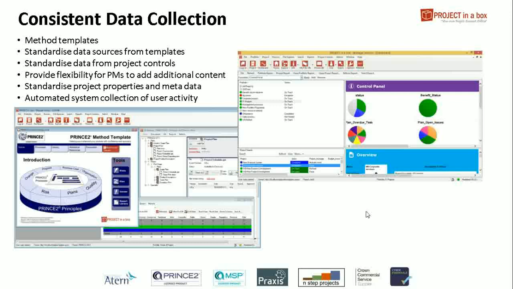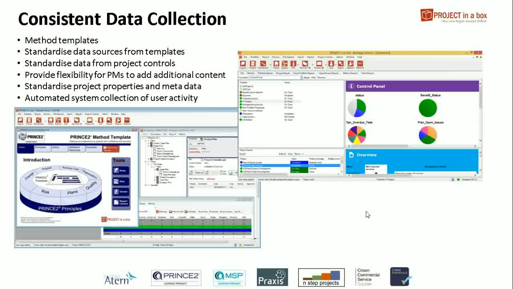So to summarize, what we've been doing is establishing consistent data collection. We're using the method templates to establish consistent sources for the data, standardizing data from the project controls, so we're always bringing the same information from tasks, risks and issues. We're giving the project managers some flexibility so they can add their own additional content if they want.